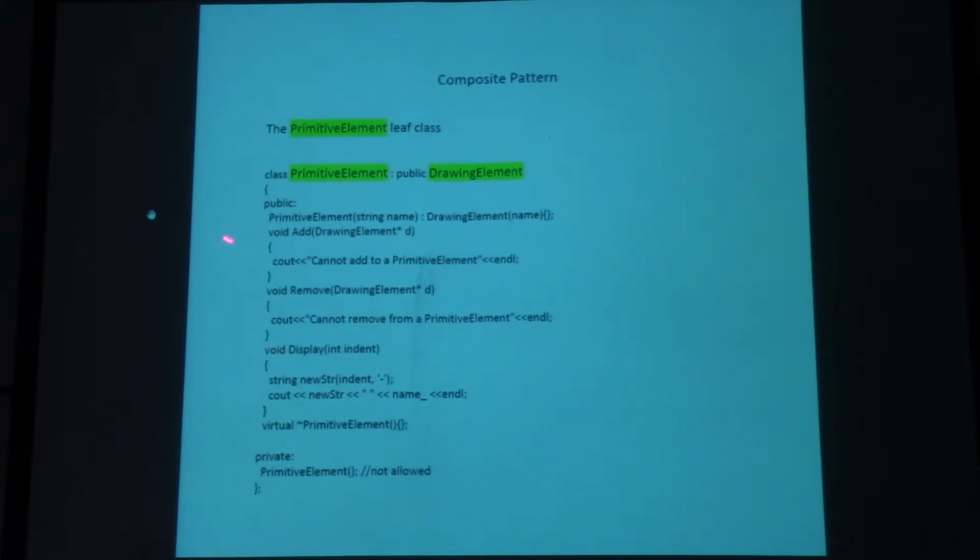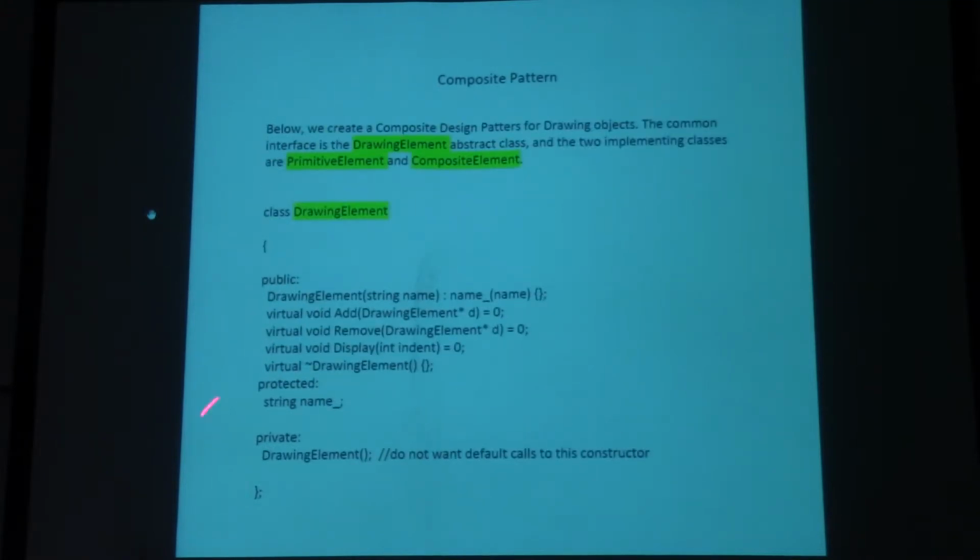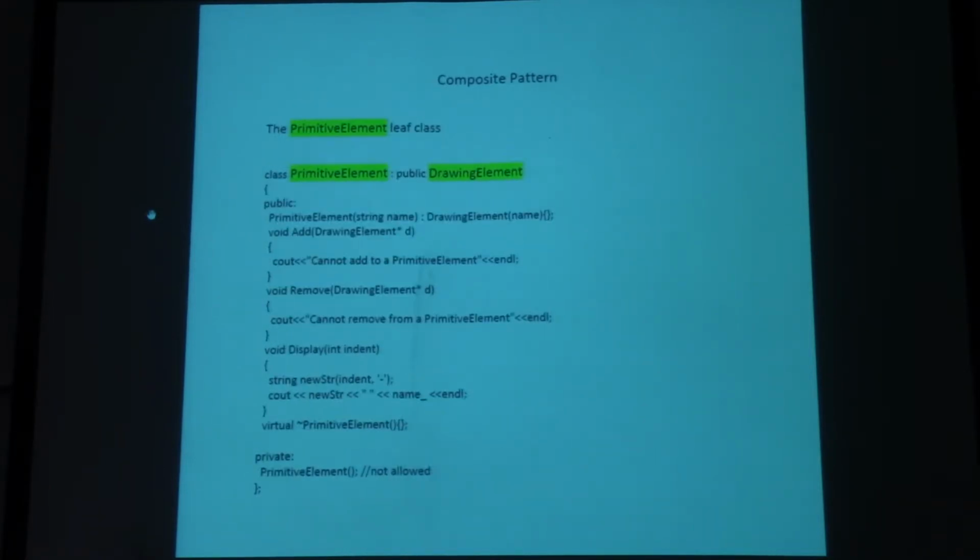Then we have a primitive element constructor taking the string name, which will invoke the drawing element superclass constructor, because this is the only real thing that we have, as well as the constructor and the property. So we can actually store the property in this abstract class because it is implemented here. It's just the other stuff that is not.